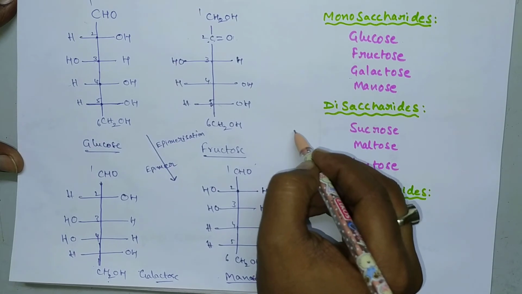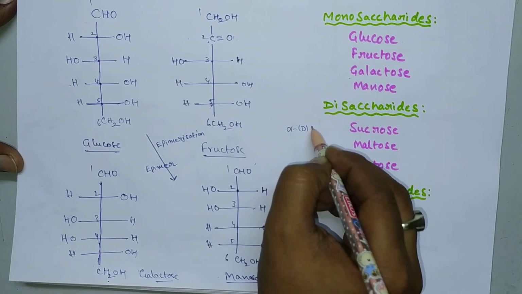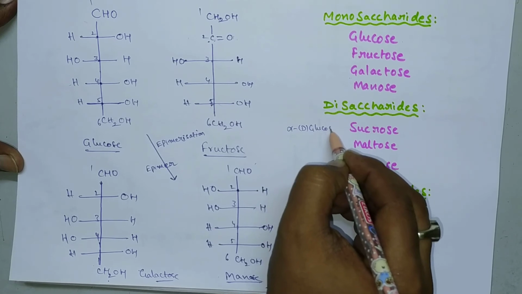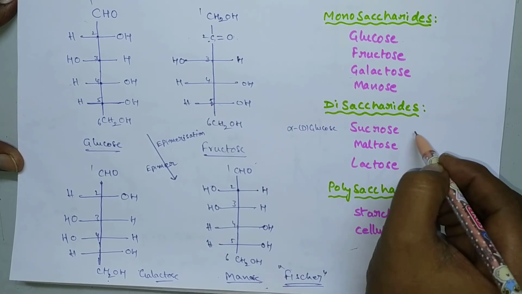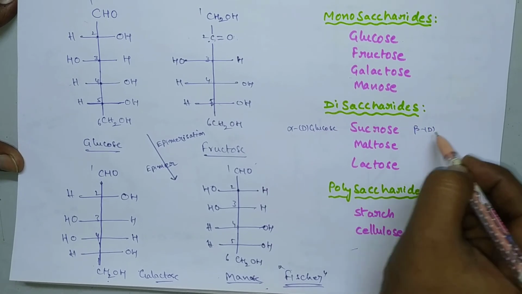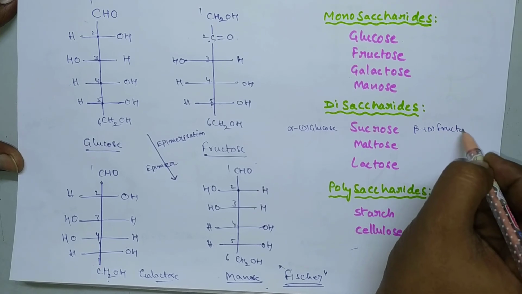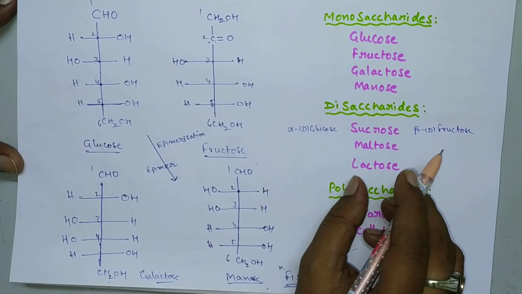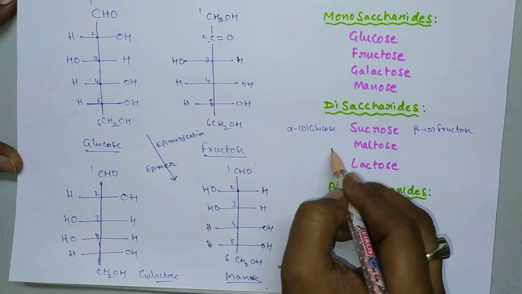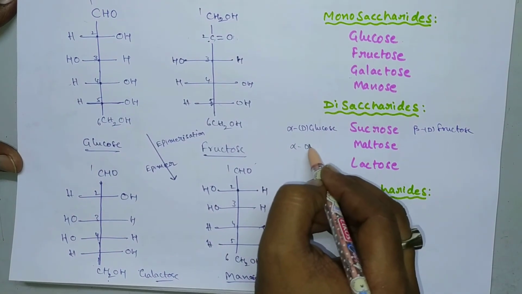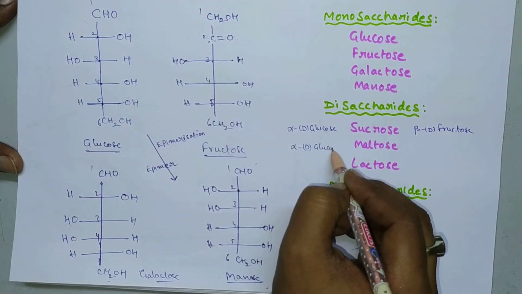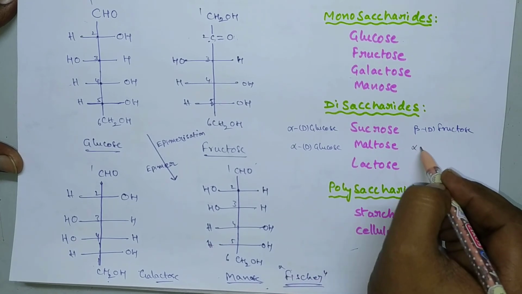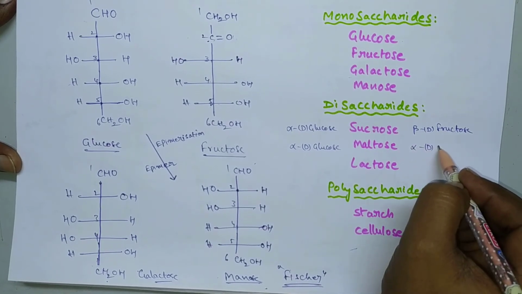Sucrose consists of one glucose and one fructose. So here I am writing, this is in alpha D form, alpha D glucose combines with beta D fructose. In case of maltose, the alpha D glucose combines with alpha D glucose.